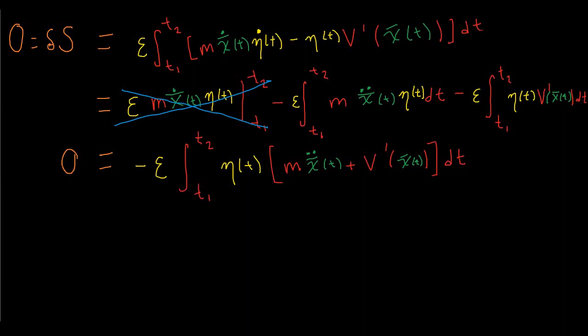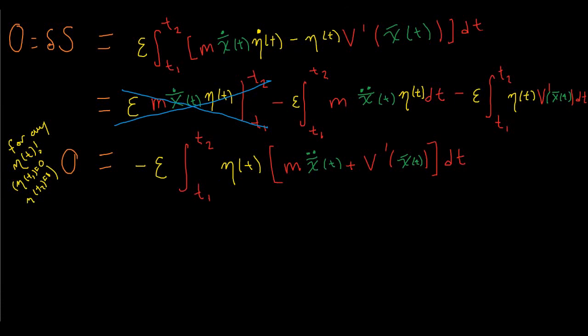This has to be 0, once again, this has been following us around the whole time, for any eta of t, as long as eta of t1 is 0 and eta of t2 is 0. But we knew that already. But it has to be true for any eta of t, right? And this is really like the final cool step.